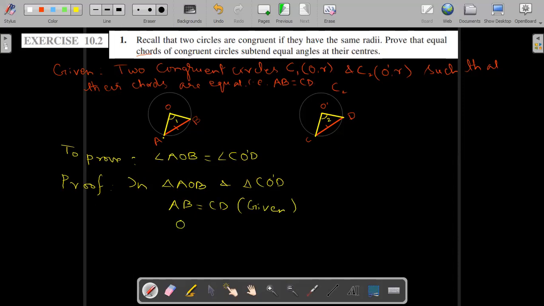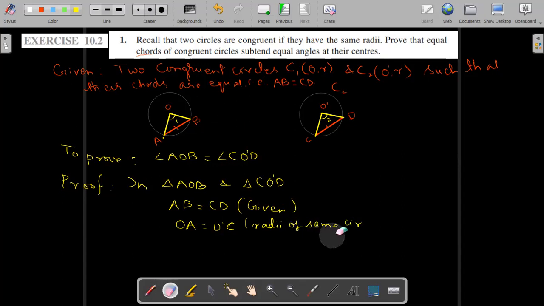And OA is equal to O dash C because they are the radii of congruent circles.